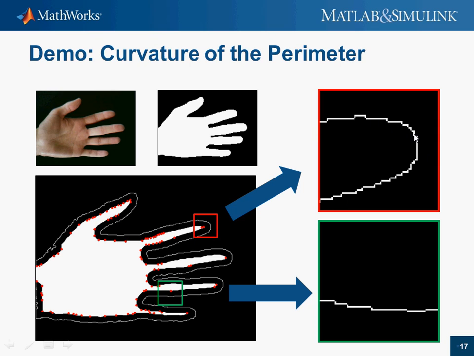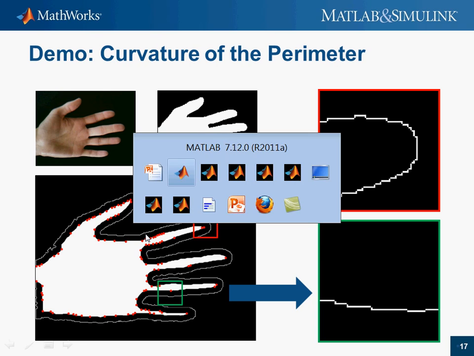If it's of a certain value, we can say it's closer to the fingertip. At other candidate points, say down here by my knuckle, it's going to be a straight line, and we can tell the difference between these two types. So using this approach, we might be able to distinguish candidate points at the fingertips versus candidate points along the finger over here.